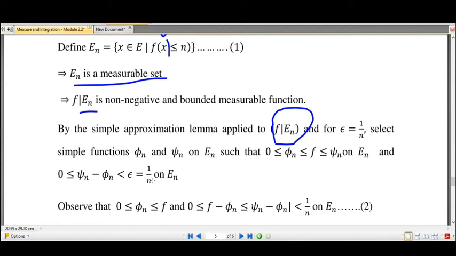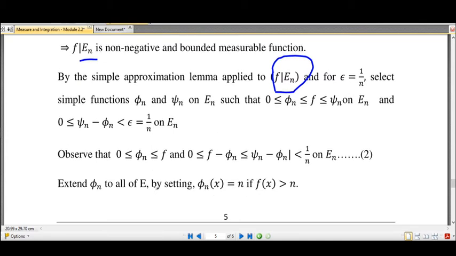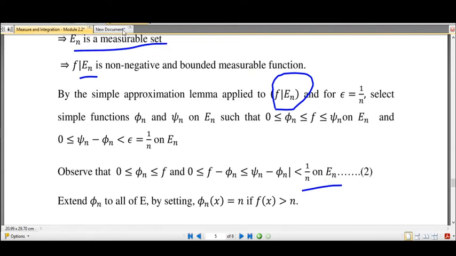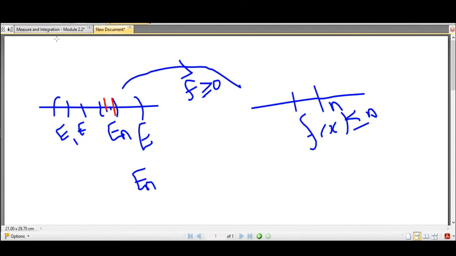Here we take epsilon as 1 by n. So we observe that f minus phi n is greater than or equal to 0 but less than or equal to psi n minus phi n, which is less than 1 by n on En.